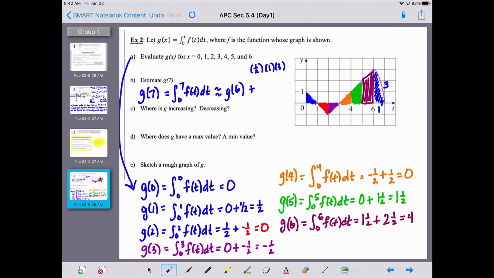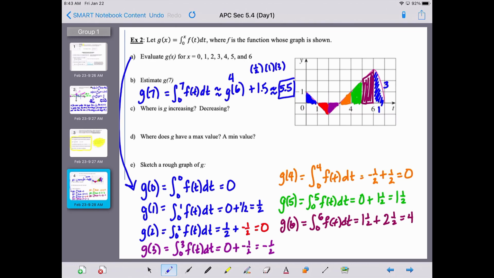So I'm going to say that it's about an extra 1.5 units that I'm adding on. And remember, G of 6 was 4, so 4 plus 1.5 is going to give us an estimate for G of 7 of 5.5. Okay, that one's not perfect because our function was a little bit curved there at the end. All the rest of our areas were perfect up to this point, but that one is an estimate.